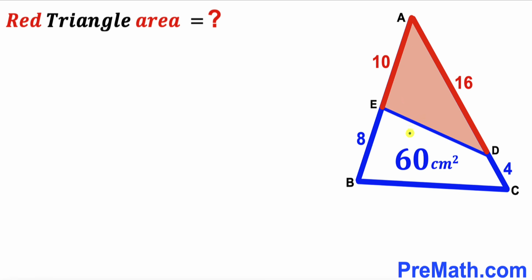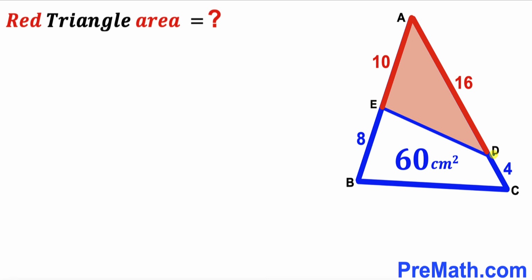In this video, we have this big triangle ABC that consists of this red shaded triangle ADE and this blue quadrilateral BCDE, as you can see in the given diagram, such that segment AE length is 10 centimeters. The segment BE length is 8 centimeters. The segment AD length is 16 centimeters.